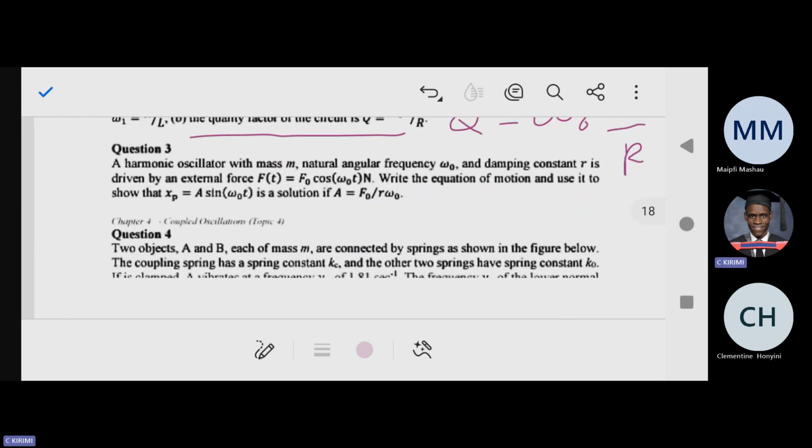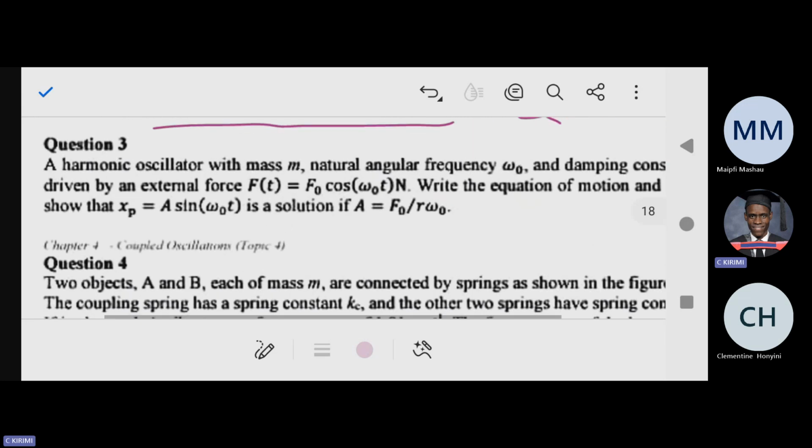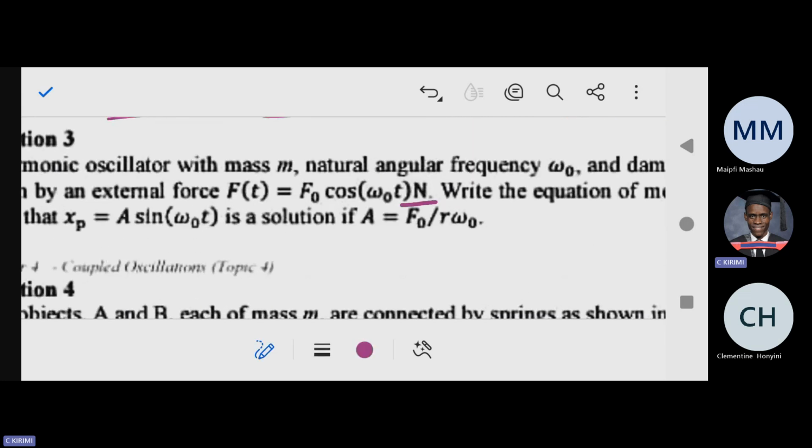A harmonic oscillator with a mass m, natural frequency omega, and damping constant R is driven by an external force F of t given by F naught cos omega t, in newtons. So the N there represents that it's a force, in newtons.